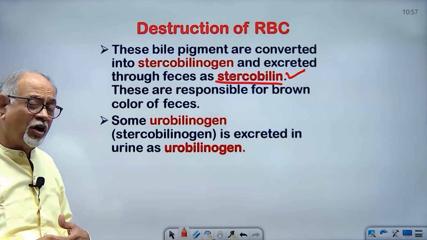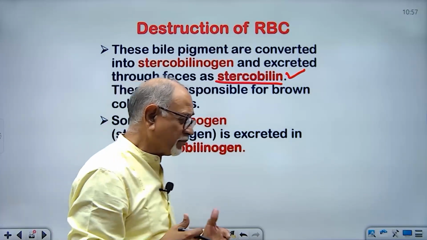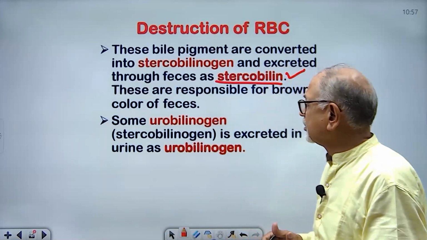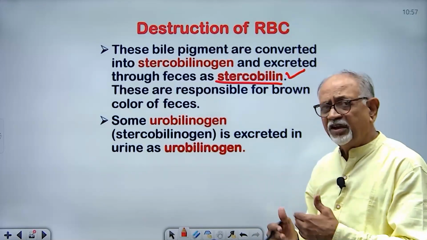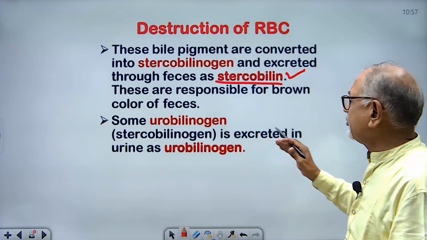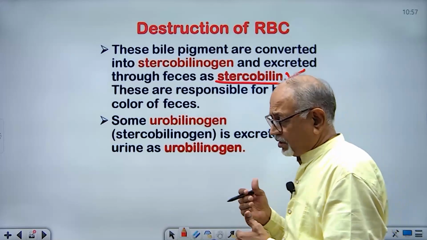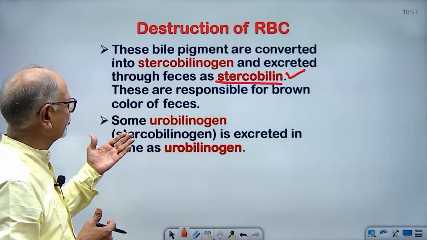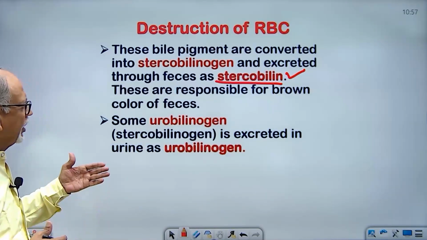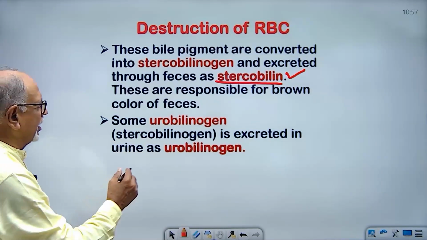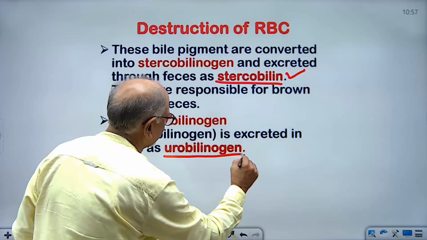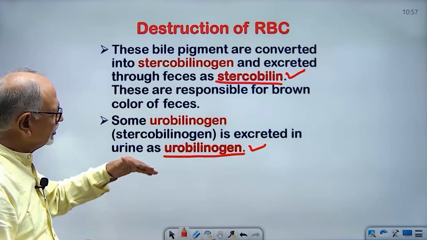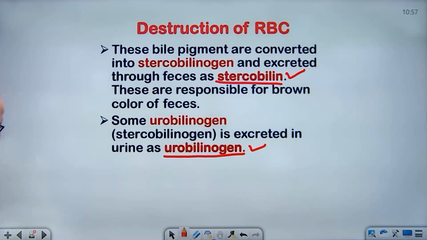Now, some amount of bile pigments is reabsorbed into the blood, and whatever is present in the blood is taken away in the circulation and finally reaches the kidney, where it is eliminated as urobilinogen in the urine, which is responsible for the yellow color of urine.